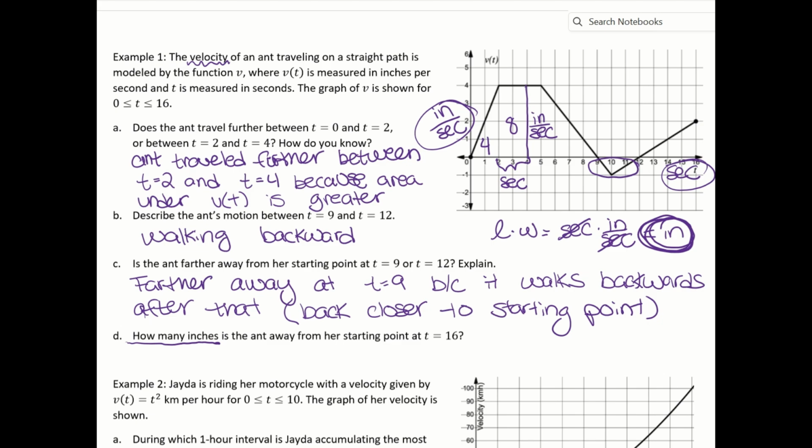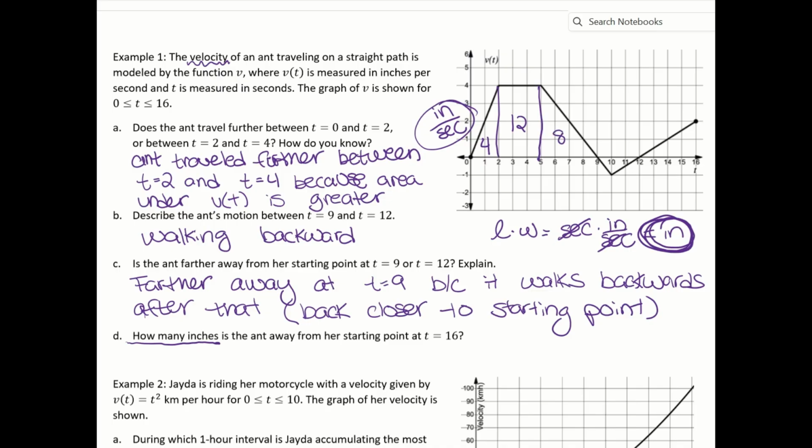So let's figure out how many inches this ant has traveled during the entire journey. Remember that negative means they're walking backwards. Let's break this up into pieces. Here's already 4. From here to here, this is 3 times 4, so 12. This triangle has a width of 4 and a height of 4, so base times height divided by 2 is 8.